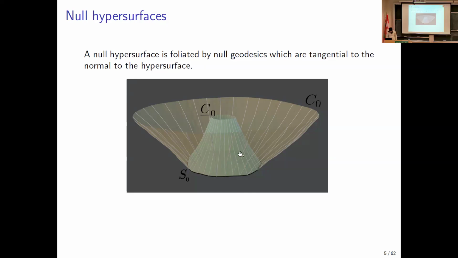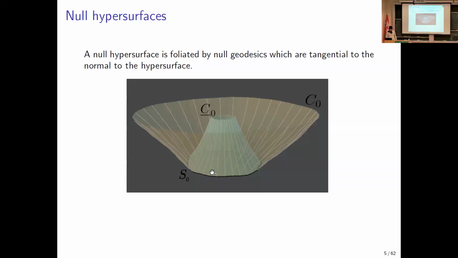All right, and exactly the same happens to the other hypersurface here, C0 bar. These white things are the null geodesics generated by the normal vector field. These null geodesics are called the null generators of your null hypersurface. Now, C0, if you assume that we are talking about four-dimensional spacetimes, C0 is a two-dimensional sphere.